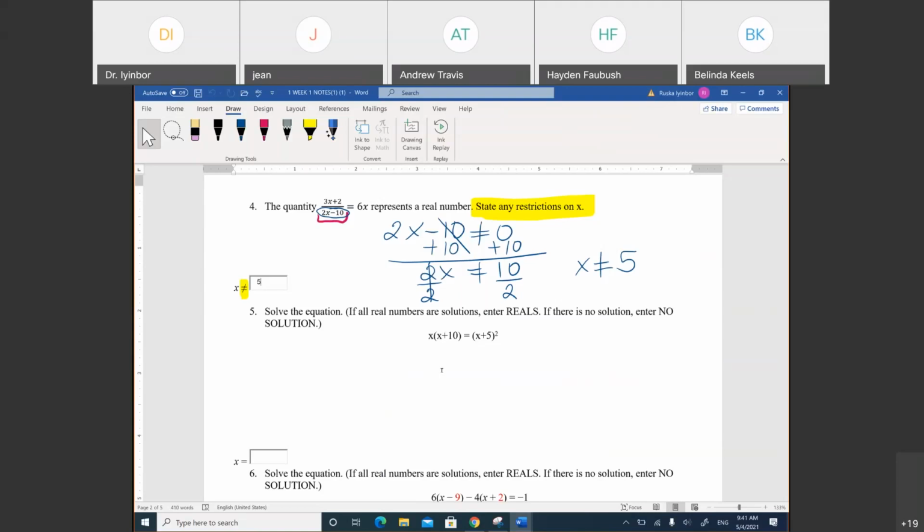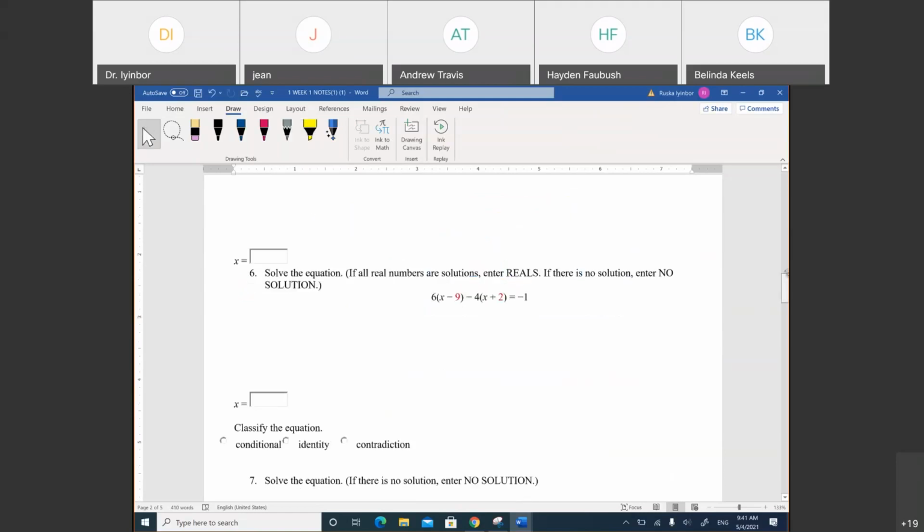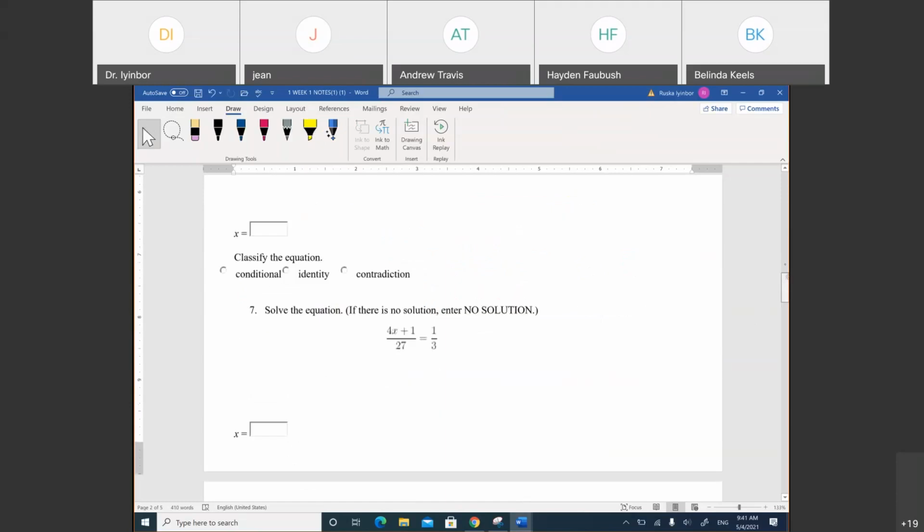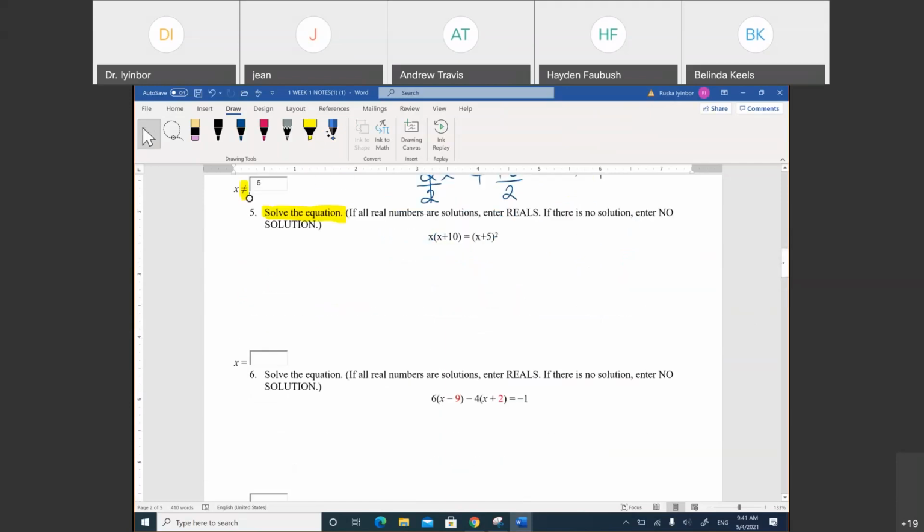Okay, so we're going to number 5 where it says solve the equation. So that's where you're going to solve it. How are you going to solve it? You're going to do the parentheses. You're going to multiply x times x plus 10, and then on this side you have x plus 5 squared. X plus 5 squared is actually x plus 5 times x plus 5.